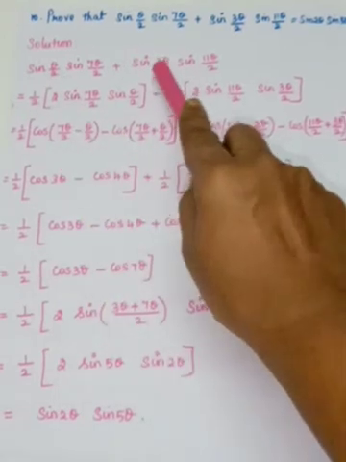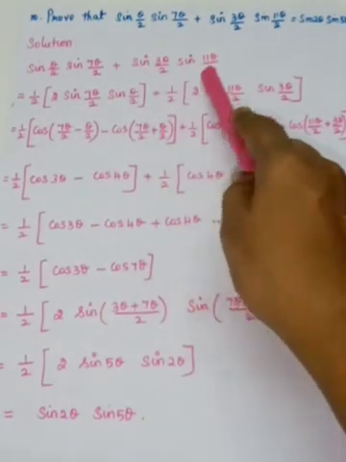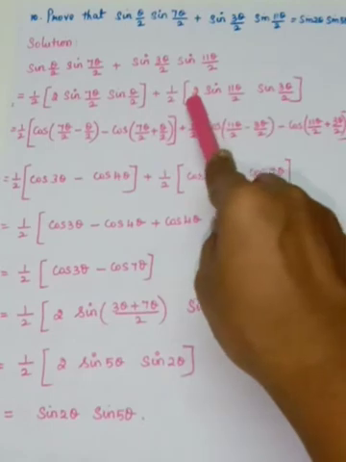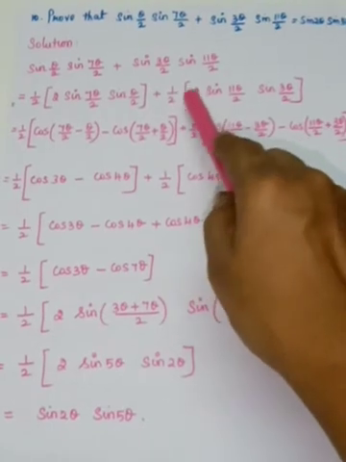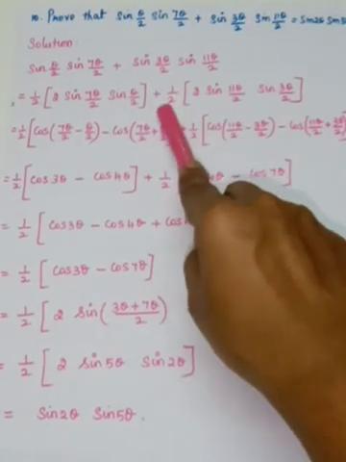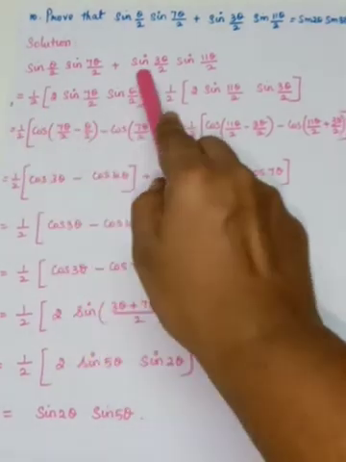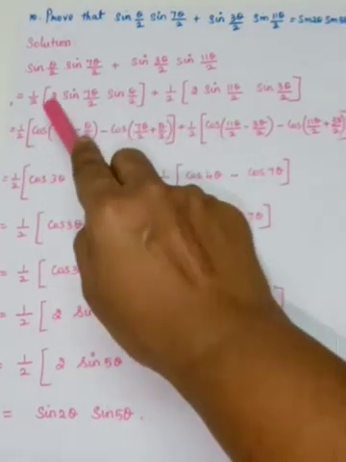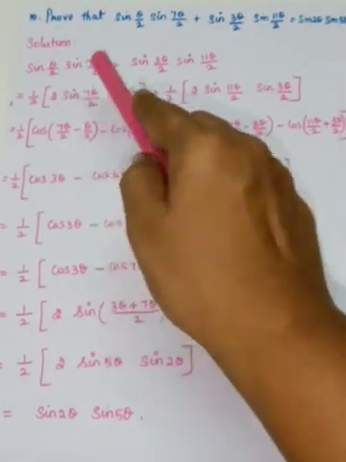In the same way, these are also in the product. So to use the formula, we need 2. So multiply and divide by 2. Okay, 1 by 2. So how is it? It is in the form where both the terms are sine.